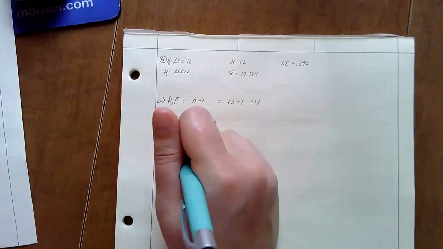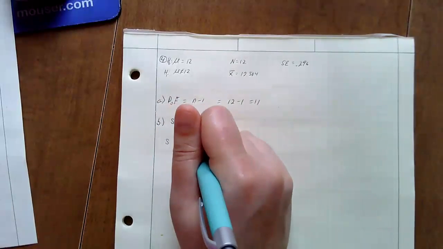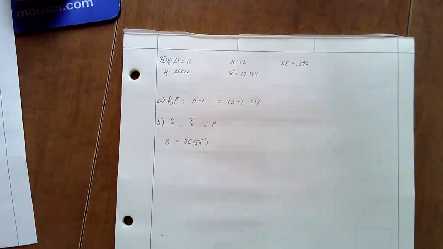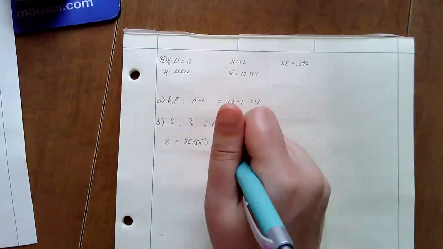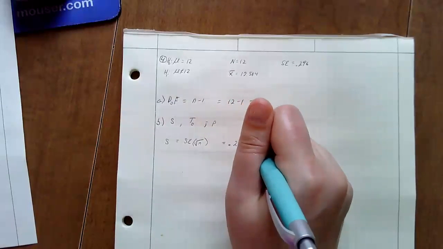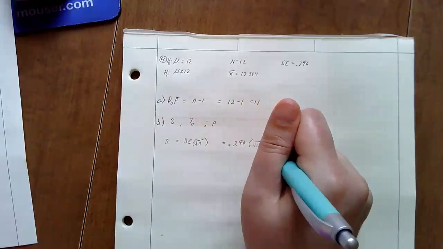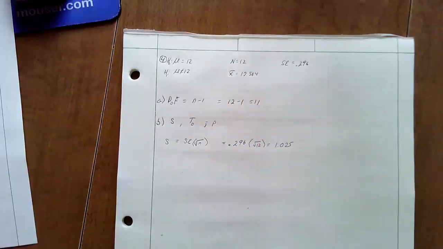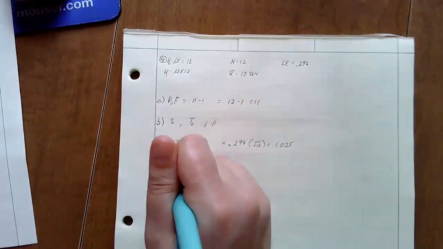And that is equal to the standard error multiplied by the square root of n. And so we have both of those things. So we know the standard error is 0.296, and we multiply that by the square root of 12, and we get 1.025.